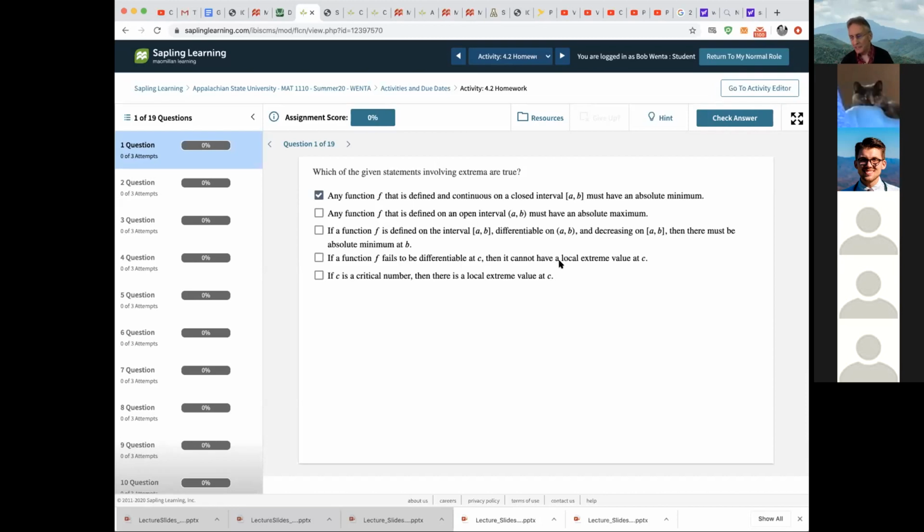And one situation that came to mind, I saw it yesterday, was if you have a cusp, okay? It comes up and it goes up to a peak. It curves up from the left and curves up from the right. Well, if it has a cusp, then that's not differentiable at that point. But if you notice, if it's in the interval, it can have a local extrema because it could have that peak value there, it's just not differentiable.